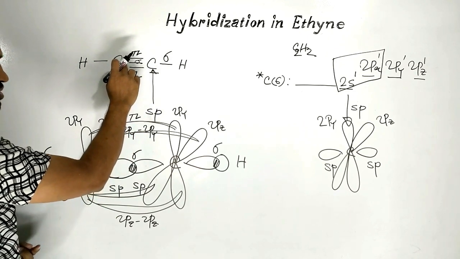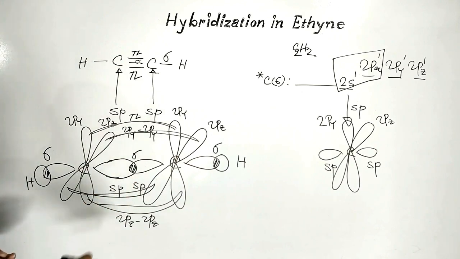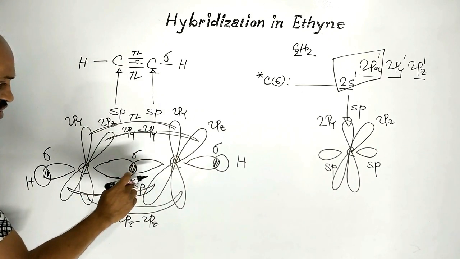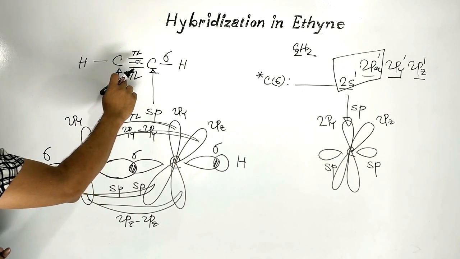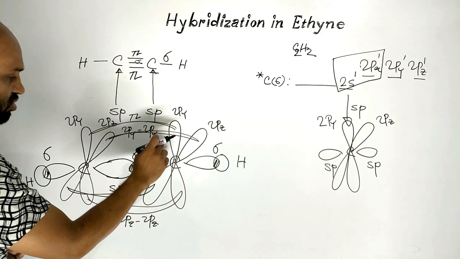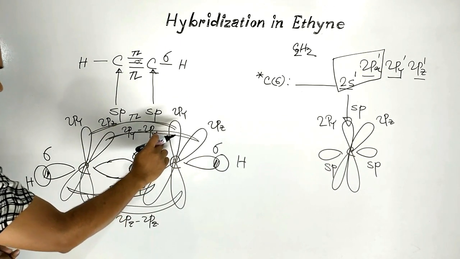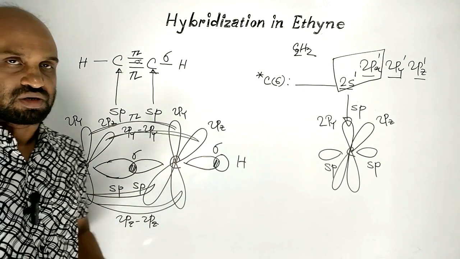One is a sigma bond, which is formed through overlap between sp-sp hybrid orbitals. Two pi bonds are formed through overlaps between 2py unhybridized orbitals and 2pz unhybridized orbitals.